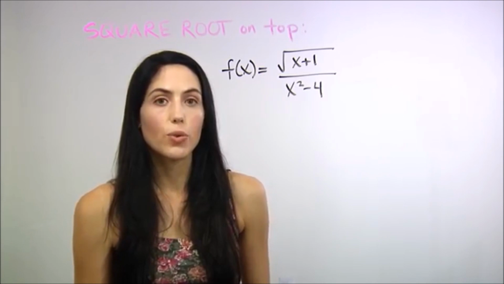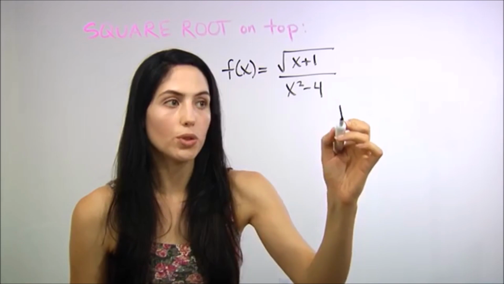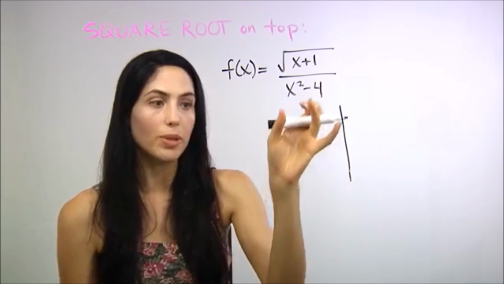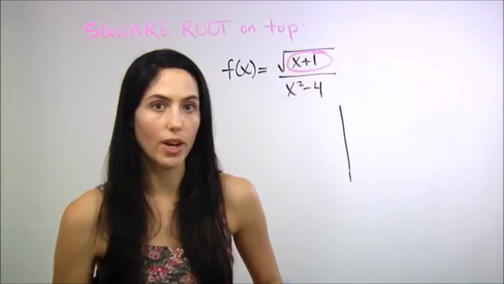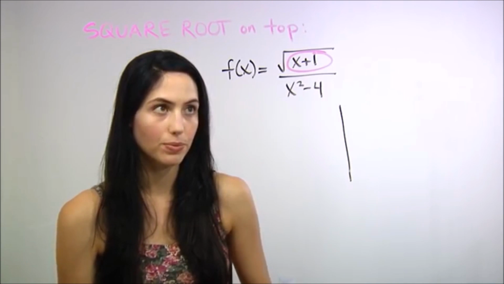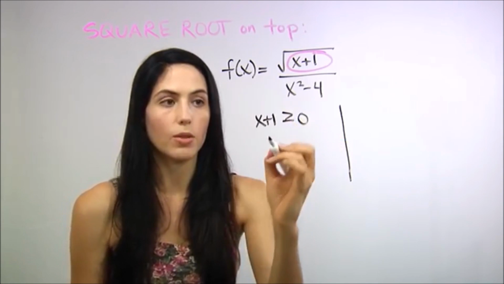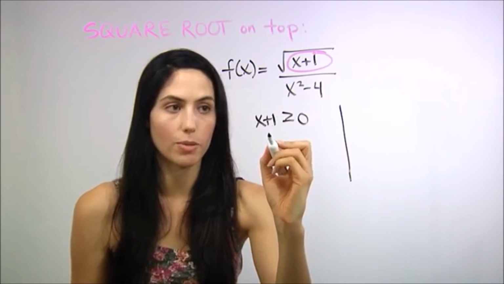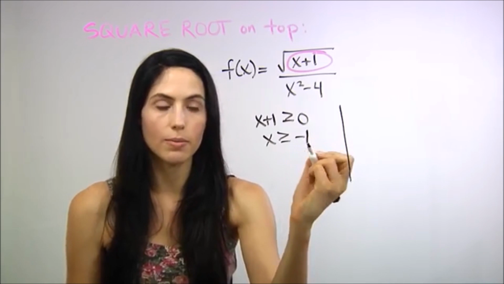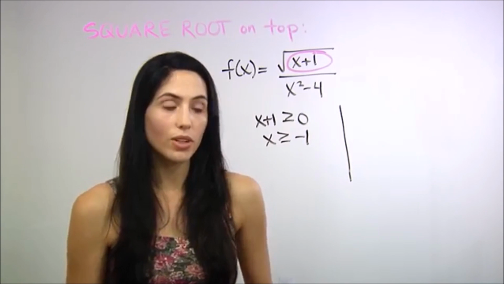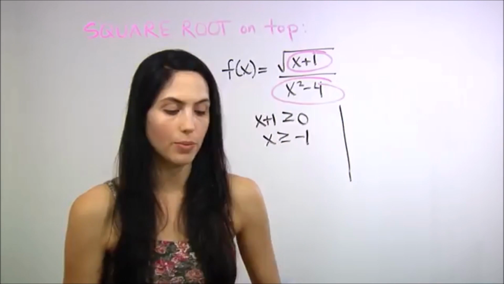Okay, if your square root is in the top of your fraction, you'll have two restrictions. The first one will be that what's under the square root has to be greater than or equal to 0. So x plus 1 greater than or equal to 0. And when you solve that by subtracting 1 from each side, you get x greater than or equal to -1. The other restriction will come from the bottom, that the bottom can't be 0.